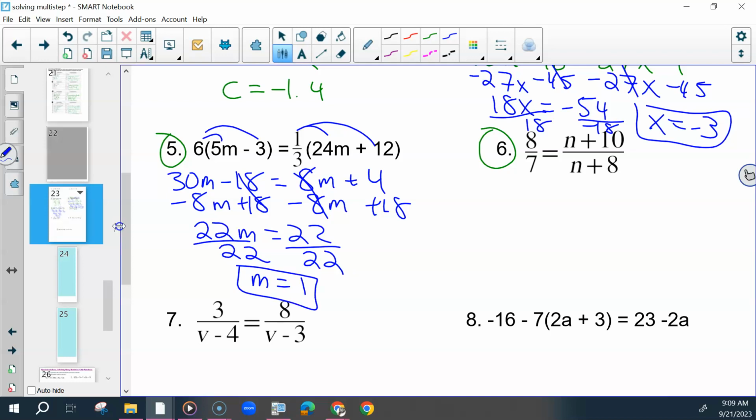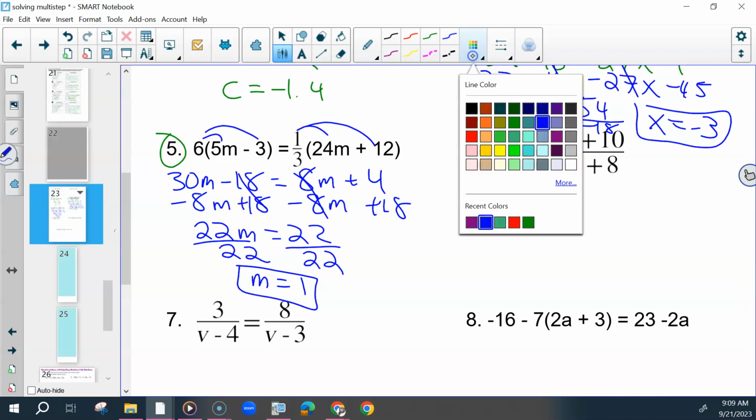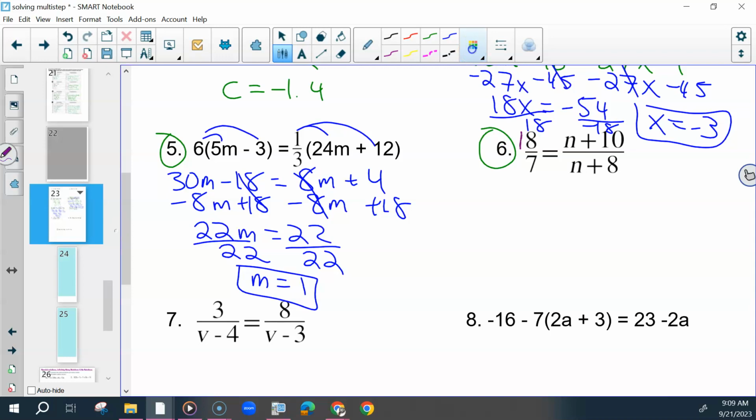What would be our first step in number 6? Cross multiply. Even if the fraction looks different, anytime you have a fraction equals another fraction, you're always going to cross multiply. Whatever the single number is will be what you multiply to the other piece.